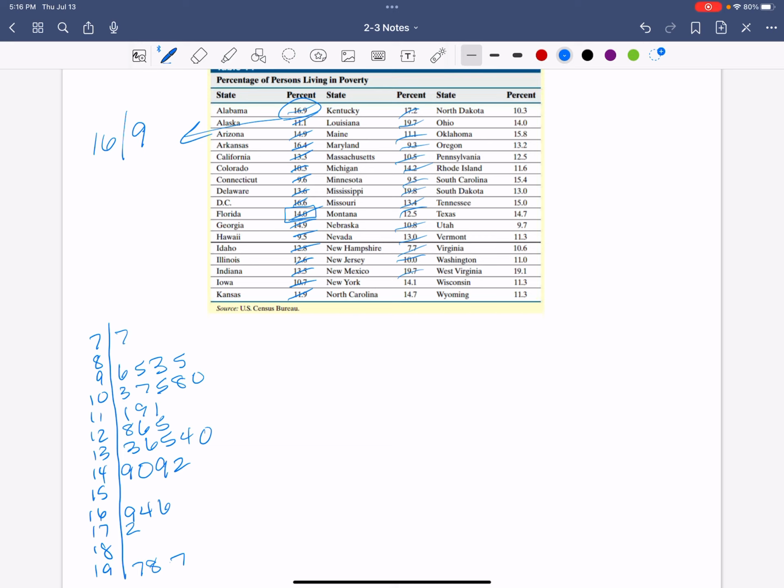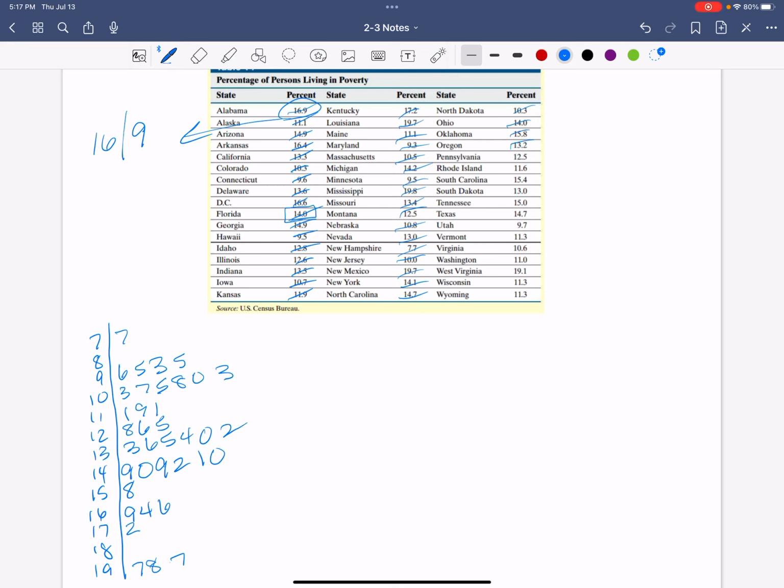19.7, 14.1, 14.7, 10.3, 14.0, 15.8, 13.2.